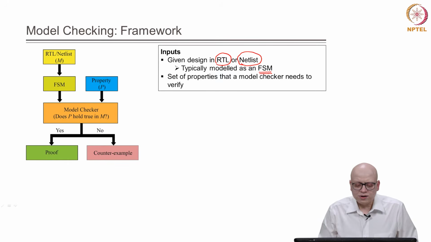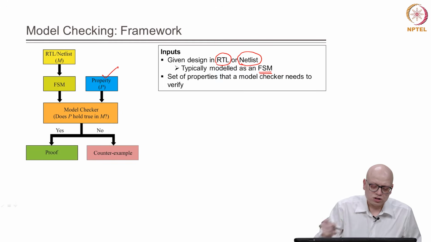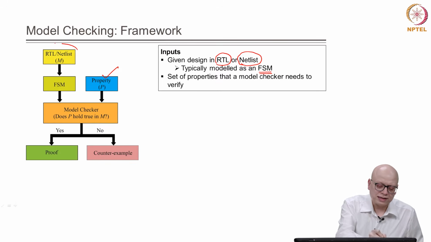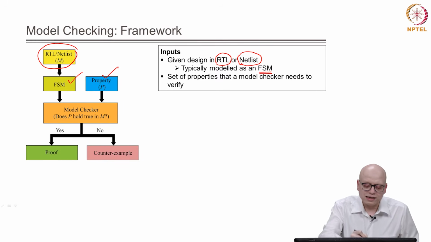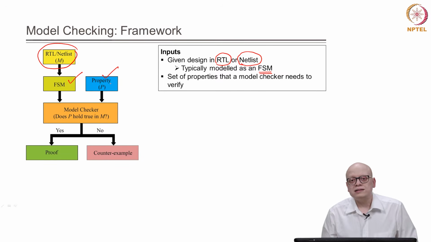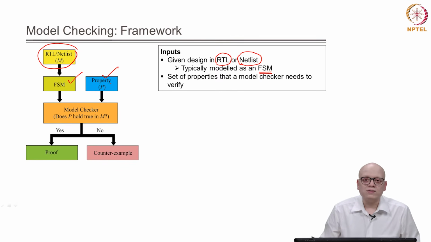Additionally, we give a set of properties. So, the first input is the design, which is modeled as FSM, and the second input is the set of properties that we want to verify, the properties which should hold for our given design.